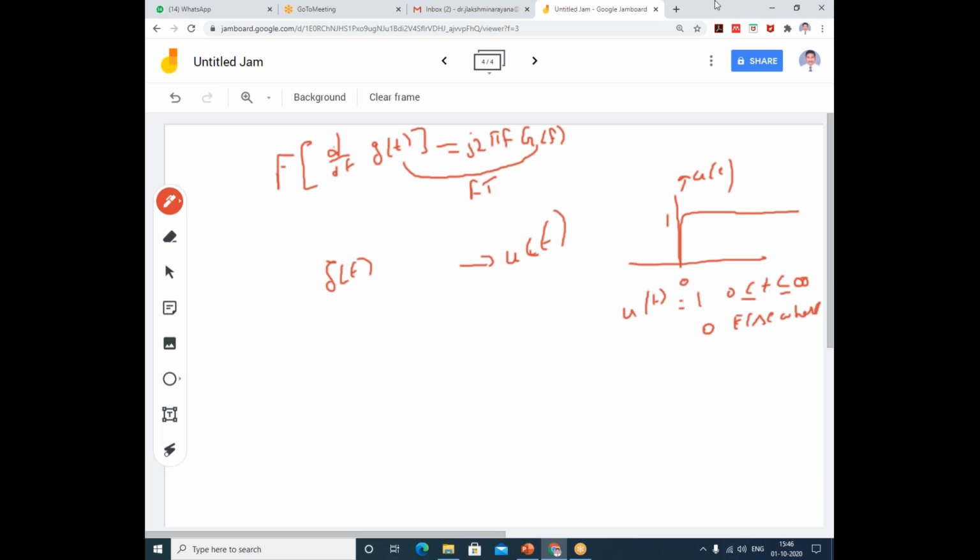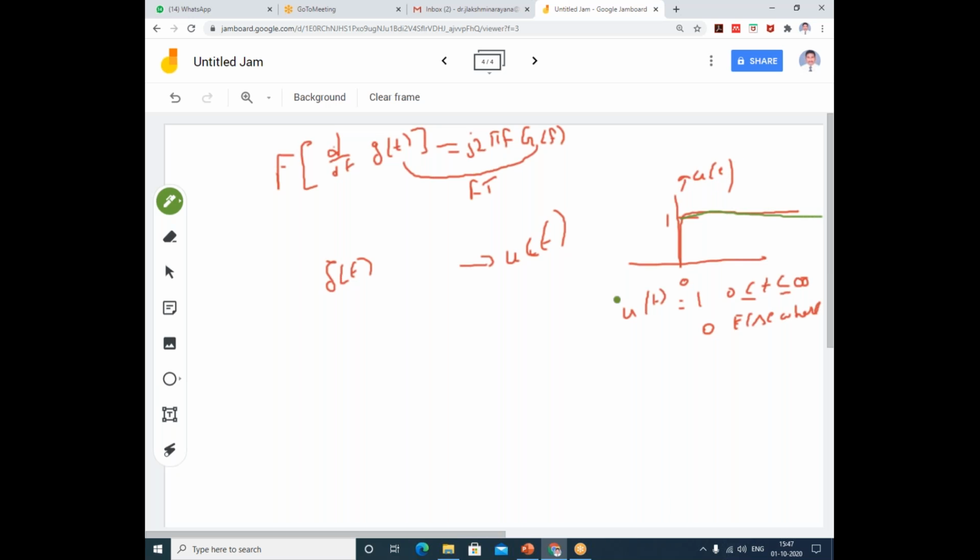Now, suppose I differentiate this unit step function, what will happen? Observe that at 0, the amplitude varies from 0 to a maximum value 1. Once it reaches the maximum value 1, it maintains the same value throughout, which means the amplitude is not varying. When you differentiate it remains constant, right? What is the differentiation of a constant? The differentiation of a constant is 0.